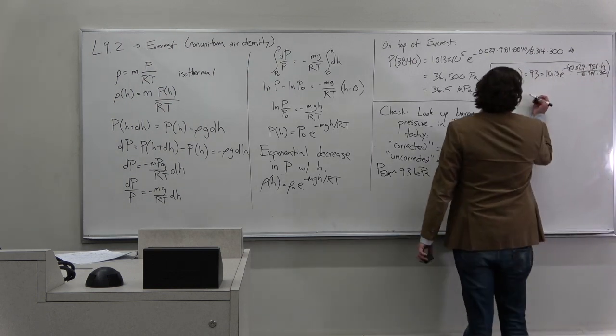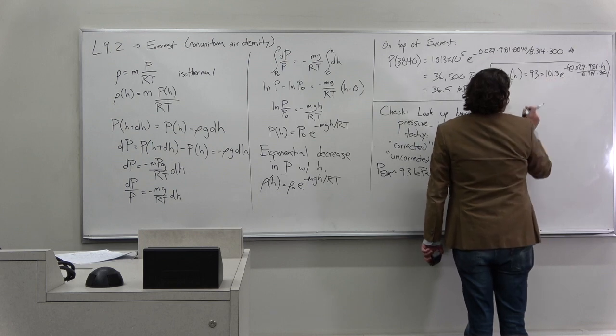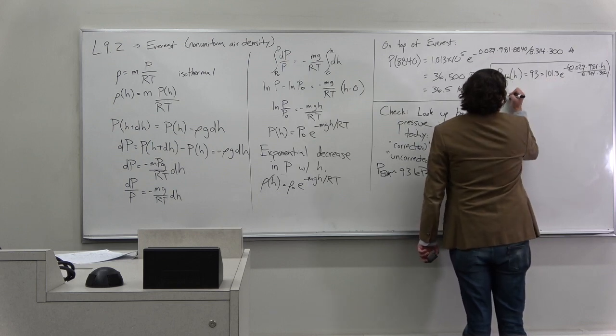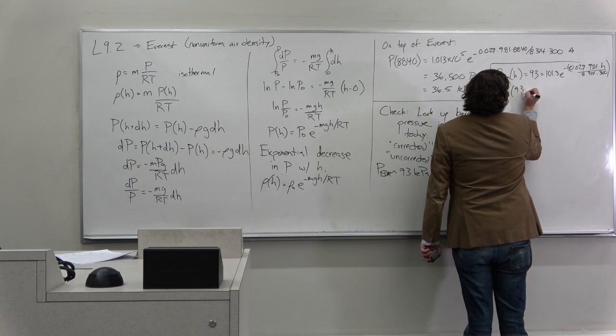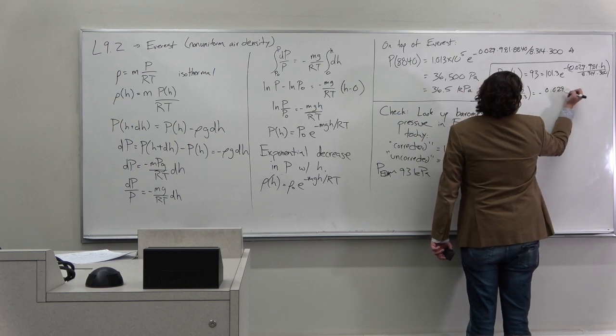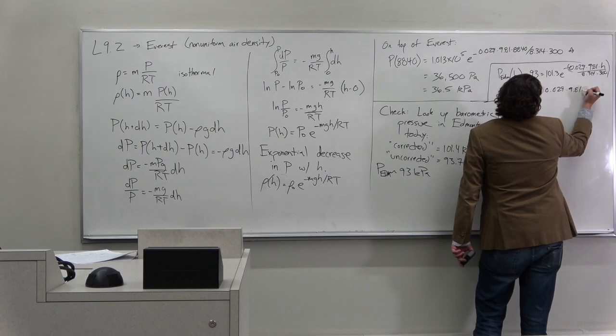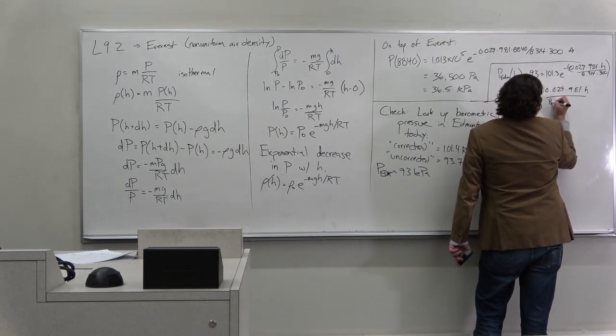Okay. Let's take a minute, calculate what that is. Divide this one by this one. You'll have to take the natural log, right? So you'll have natural log of 93 over 101.3 is equal to minus 0.029 times 9.81 times H over 8.314 times 300.